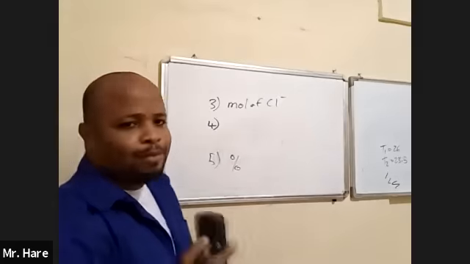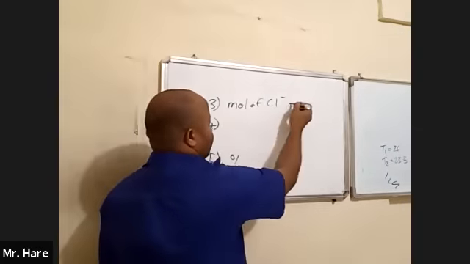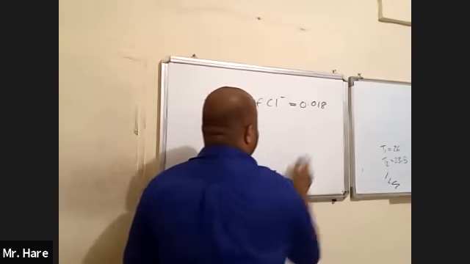So tell me the moles of chloride ions again. 0.018. All right, 0.018.